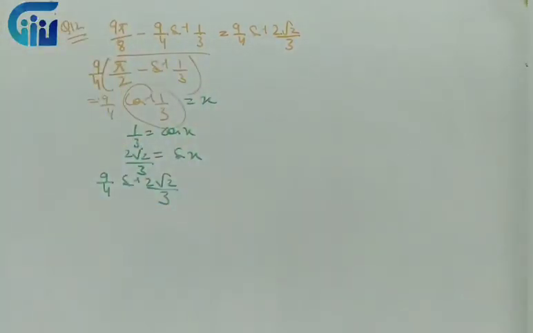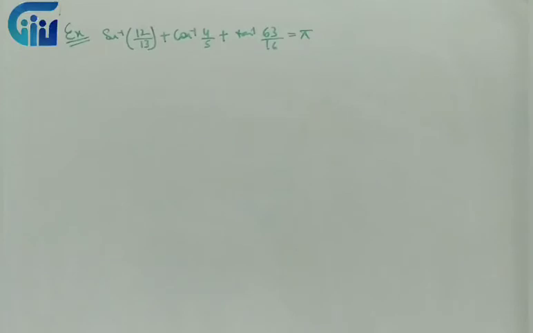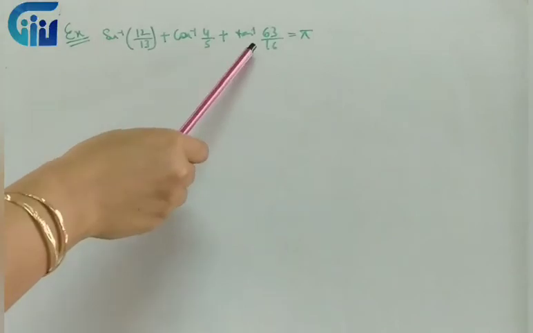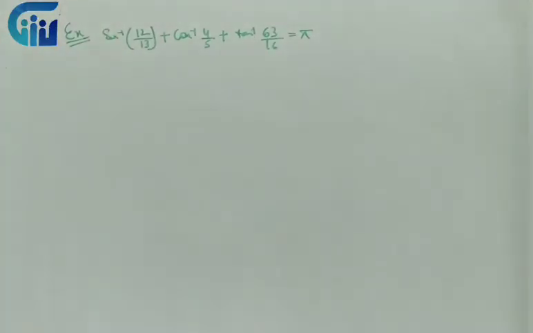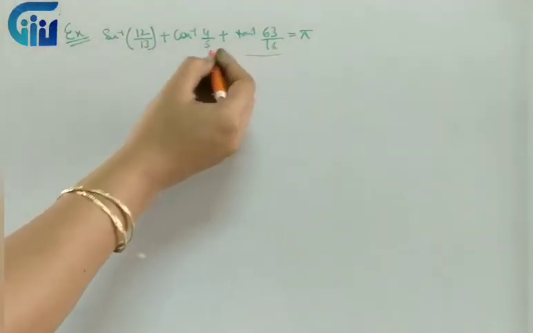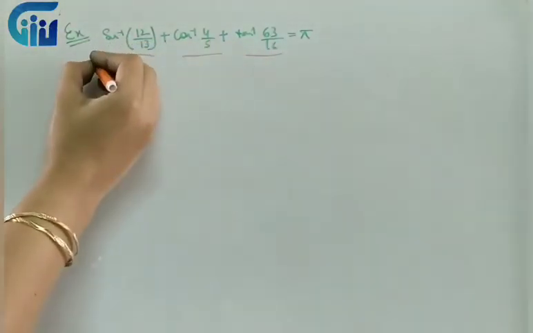Right? So next, this is a very important question, a solved example of NCERT miscellaneous. Very important. What is given over here? Sin inverse 12 by 13 plus cos inverse 4 by 5 plus tan inverse 63 by 16 is equal to pi. Now what we will do is change these, since one term is in tan, so I'll change these two also in terms of tan.